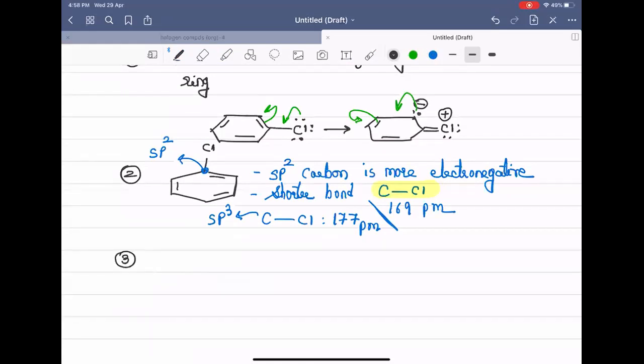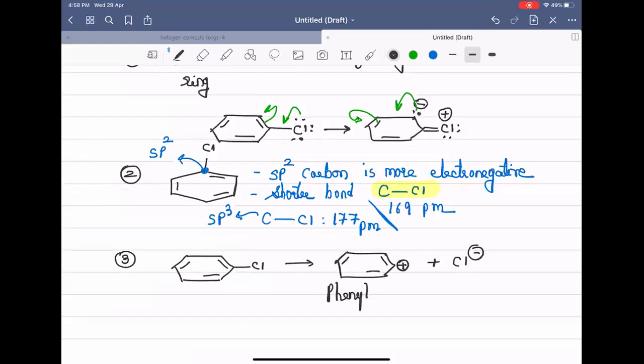Third, suppose we take this for an SN1 reaction, then the first step would be breaking of the carbon halogen bond to form a cation. This is a phenyl cation which may be formed in SN1, and this is extremely unstable.